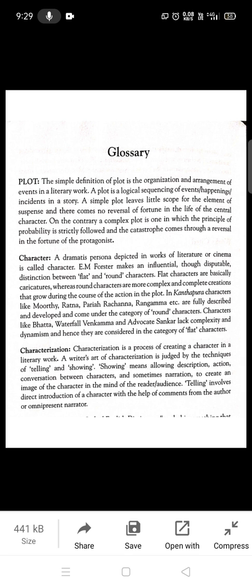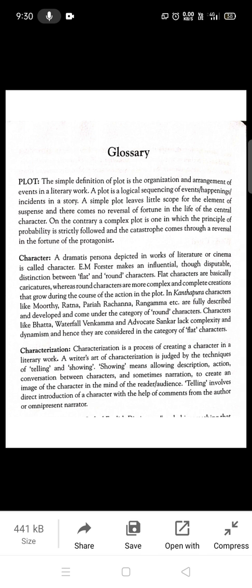In any work of fiction, we find human agents participating or acting in a particular action, a narrative or the story. So these persons, the people who participate and interact in a piece of work, are characters. A dramatis personae depicted in works of literature or cinema is called character.